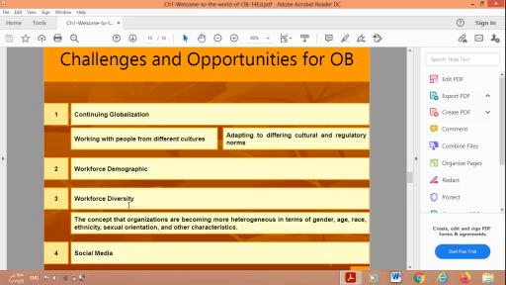In order to work effectively with others from different cultures, you need, of course, to understand how their culture shaped them and how to adapt your management style to fit any differences. So the concept is that organizations are becoming more heterogeneous in terms of gender, age, race, ethnicity, sexual orientation or gender, and other characteristics.